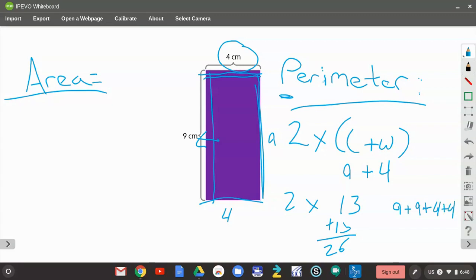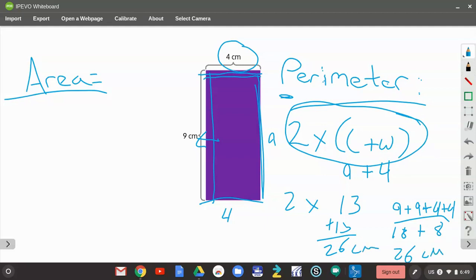That is going to be the same thing as the formula, 2 times length plus width. Notice 9 plus 9 is 18, 4 plus 4 is 8, and 18 plus 8 is 26. In this case, we need to make sure to label it centimeters as well. So either way, perimeter is plus. Just add up the length of the outside.